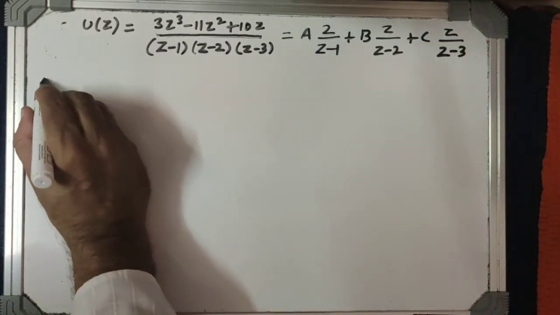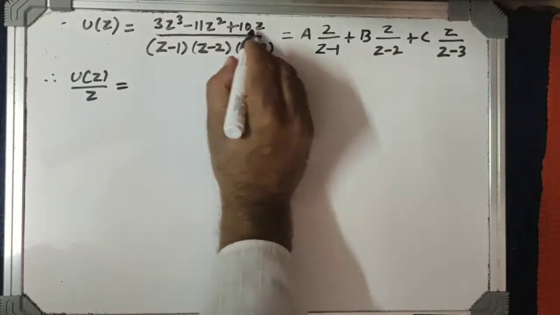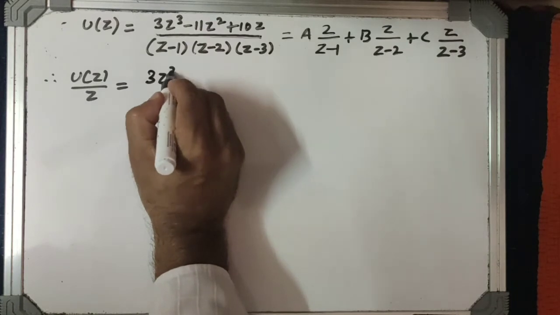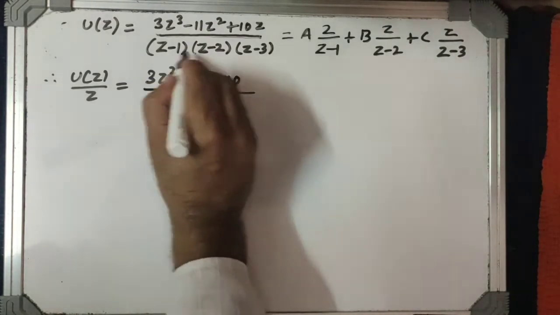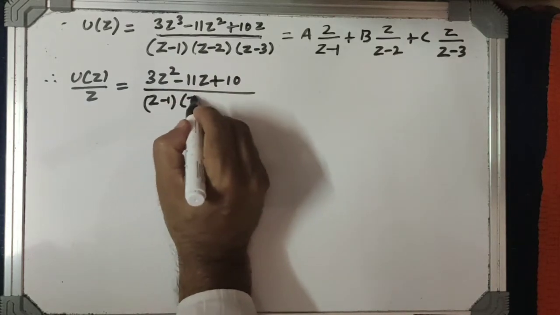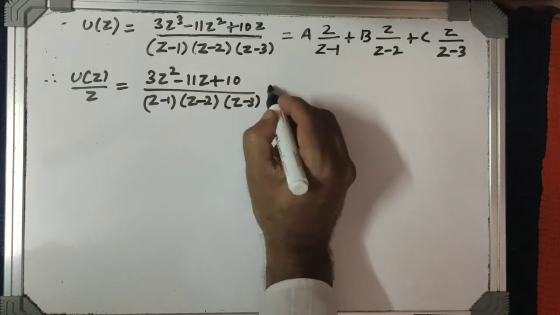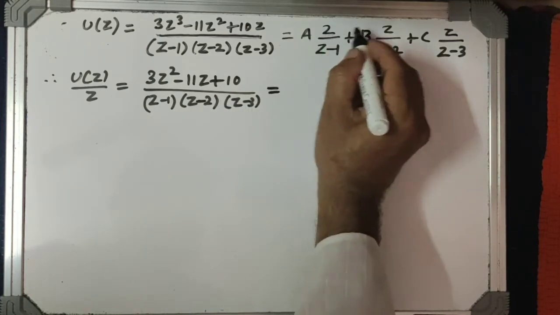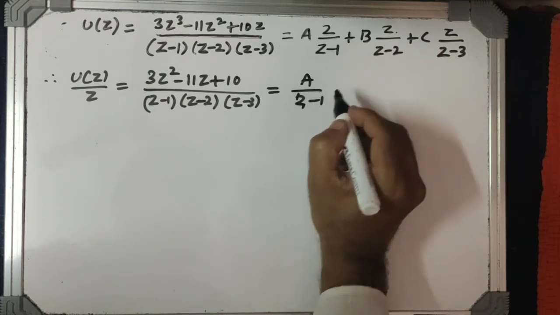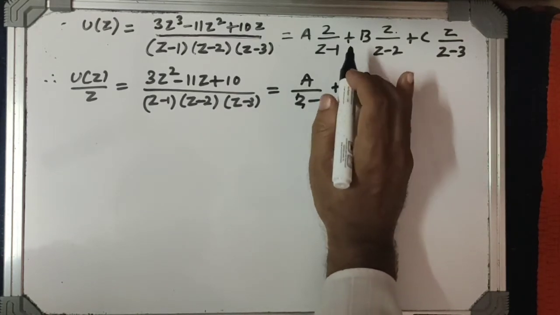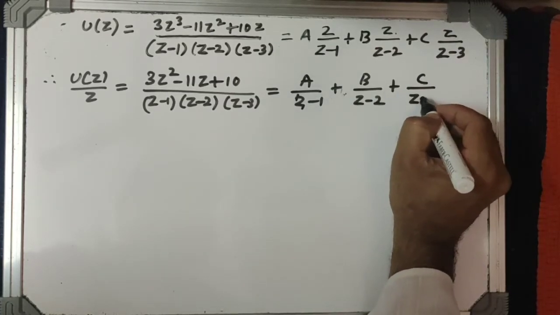So U(z) by z will be equal to, dividing by z, 3z square minus 11z plus 10 over z minus 1, z minus 2 and z minus 3, which is equal to a by z minus 1 plus b by z minus 2 plus c by z minus 3.